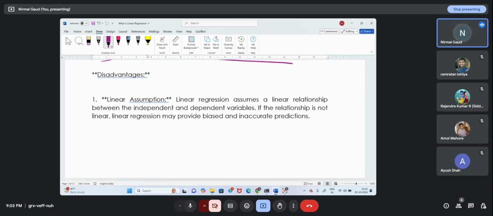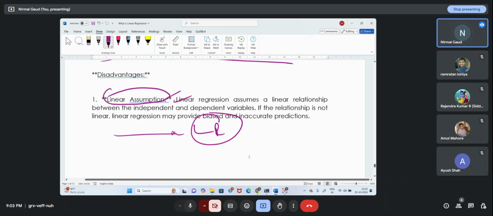The disadvantages are, first, we have to initially assume that the features are linearly related. If you are starting the linear regression algorithm, this is what you have to assume, that the relationship between features is linear. That is a prior assumption.